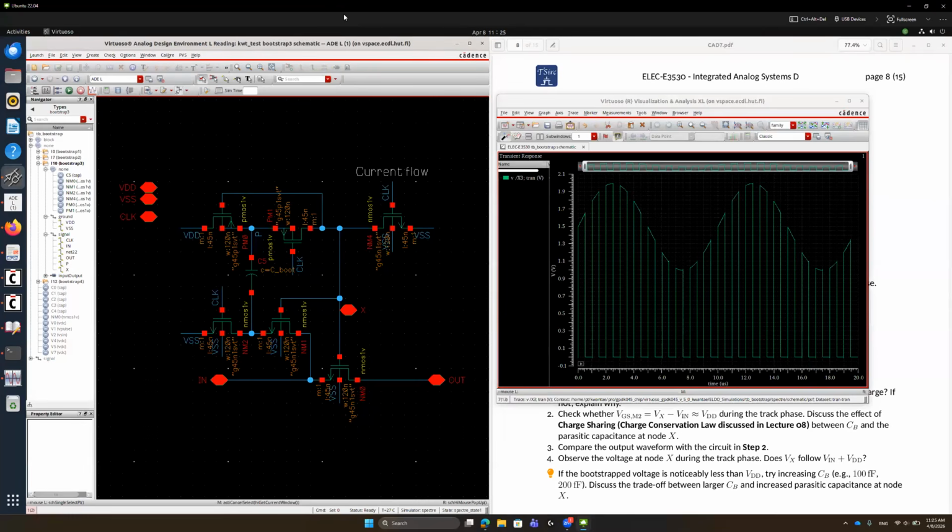This kind of rating depends on which process technology or process node you are using. For example, at 65 nanometer the supply voltage is 1.2 volt, so the maximum voltage is 1.2 volt. In our case, this is a generic PDK 45 nanometer, and we have 1 volt.